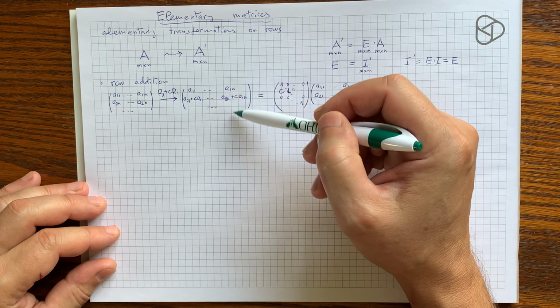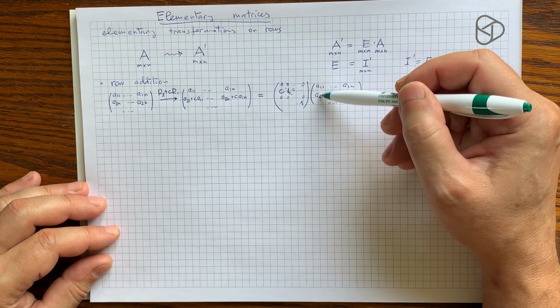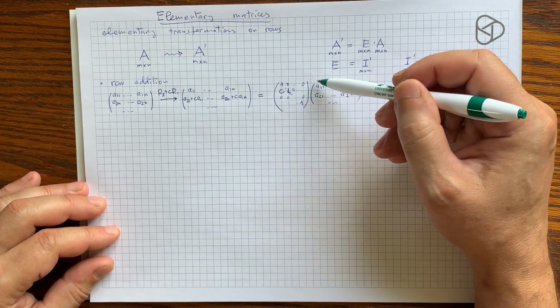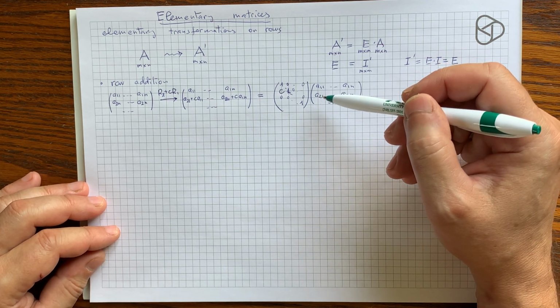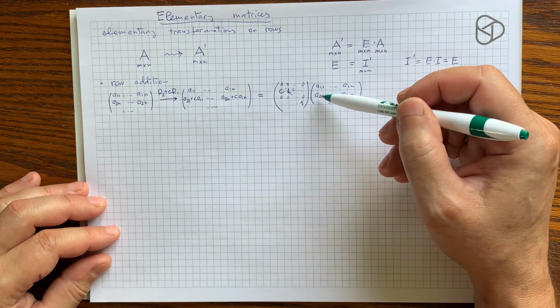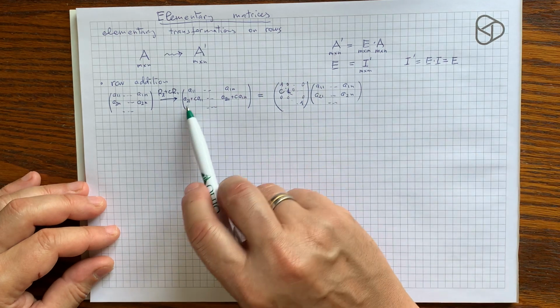So each column in the answer we can compute separately by, say, taking the column of the second factor and multiplying by the first. The column number 1, for example, is a column vector which we can multiply with this matrix, and the result will be just that column.